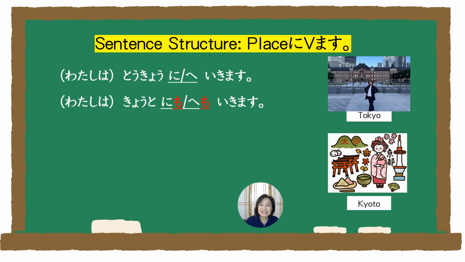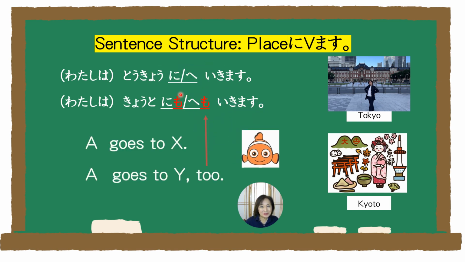Let's try it with destination particles に or へ. Imagine you're going to two different places. We can express this using the particle も. For example, you go to Tokyo and you also go to Kyoto. In Japanese, you would say, 私は東京に行きます。京都にも行きます。Here you keep the destination particle に and add も, creating にも to show that you also go to Kyoto.